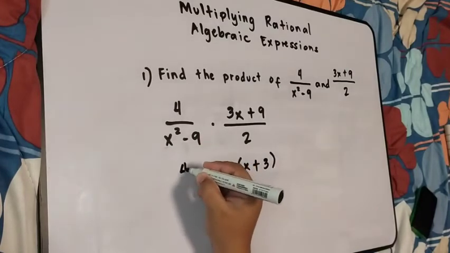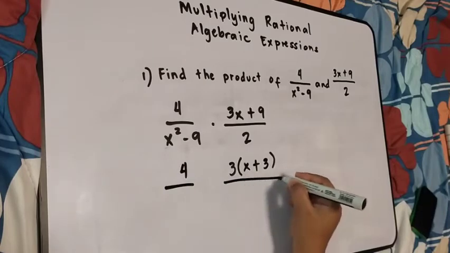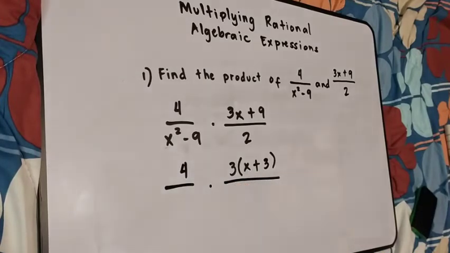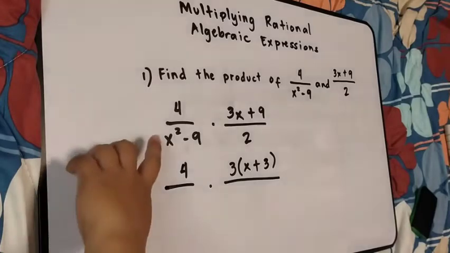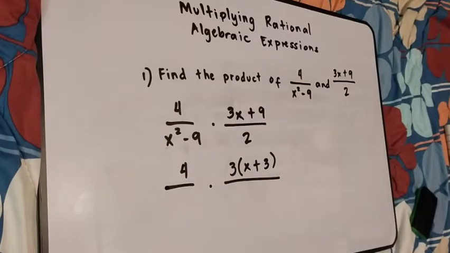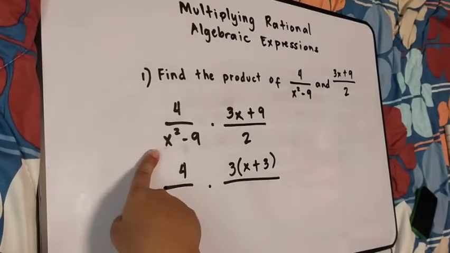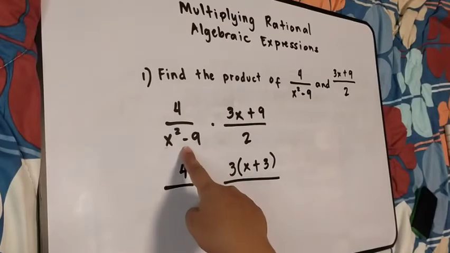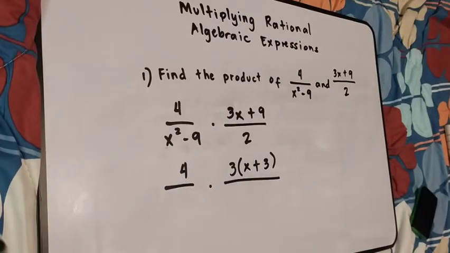This one is simply 4 over, how about now with the denominators, we have x squared minus 9. Is x squared minus 9 factorable? Okay, yes, this is under difference of two squares. Tama, kasi perfect square si x squared, perfect square si 9, then yung operation ay subtraction.